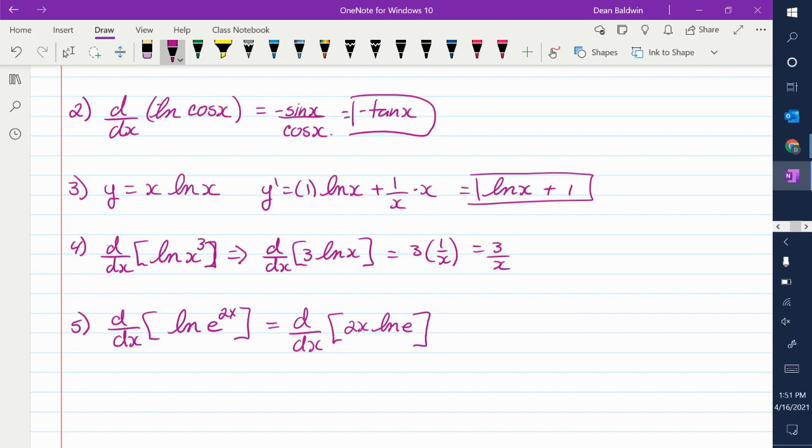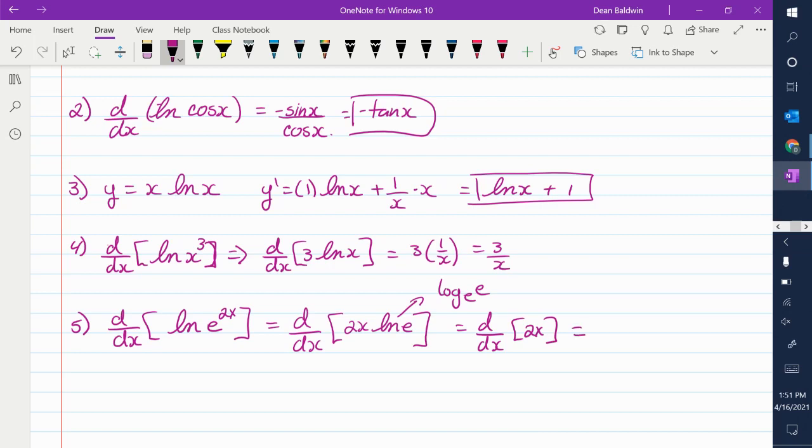Natural log of e. Can somebody do that in their calculator? Yes. Why is it 1? Yes, because natural log is base e, right? Of e. When the bases match, it's just whatever the exponent is. In this case, it's 1, right? So you really are just deriving 2x.